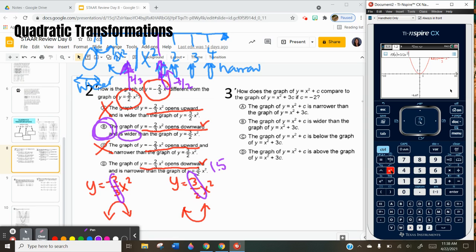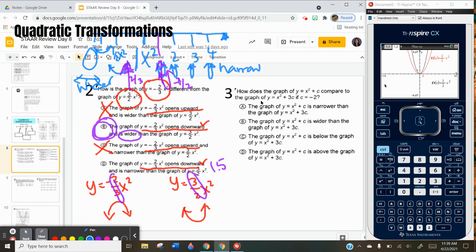So I know the sign's going to flip it upside down, but if they were both positive, you can see from the graph that when I typed it in, the 2/3, which is the first graph, is actually wider than the 3/2 graph, which is inside of it. So knowing that I can type it in to double check it always helps.